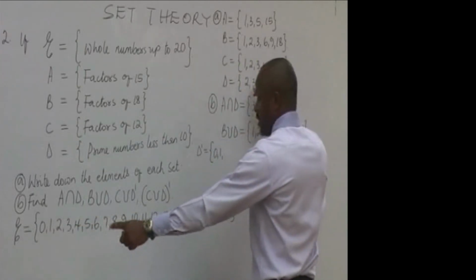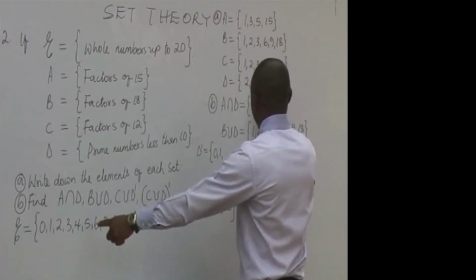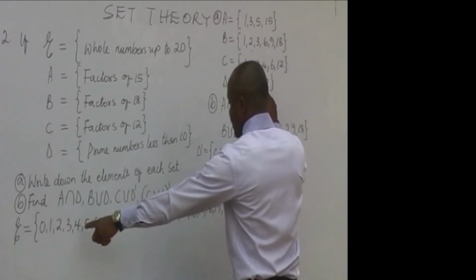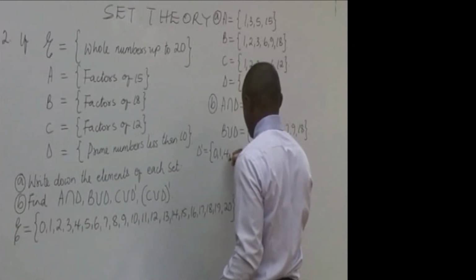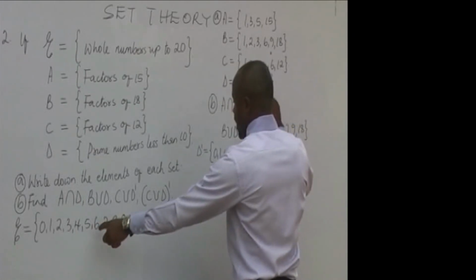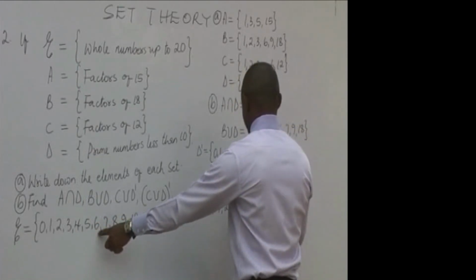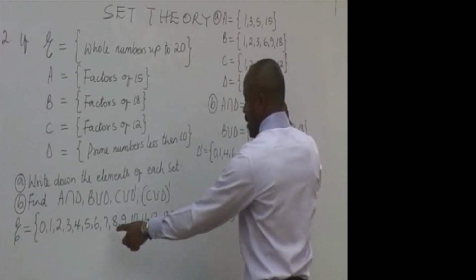2 is here. 3 is here. There's no 4 here, but there's 4 in the universal, so we bring in 4. 5 is here. There's no 6 here, but there's 6 in the universal, so we bring in 6. There's 7 here, 7 here.